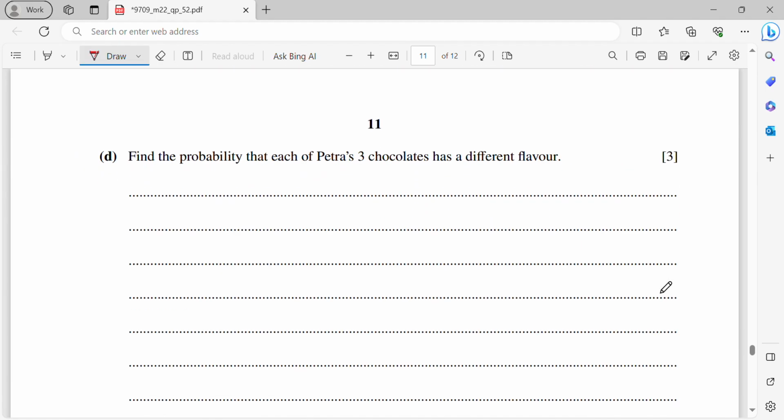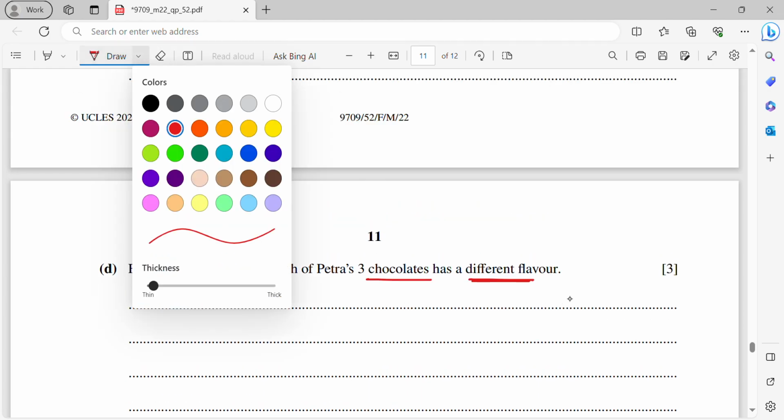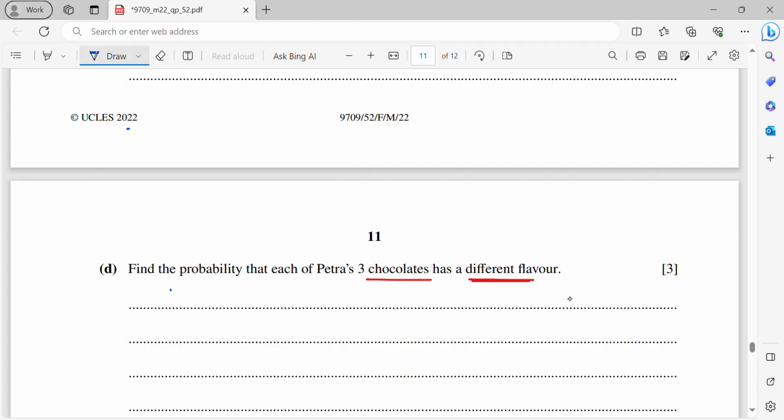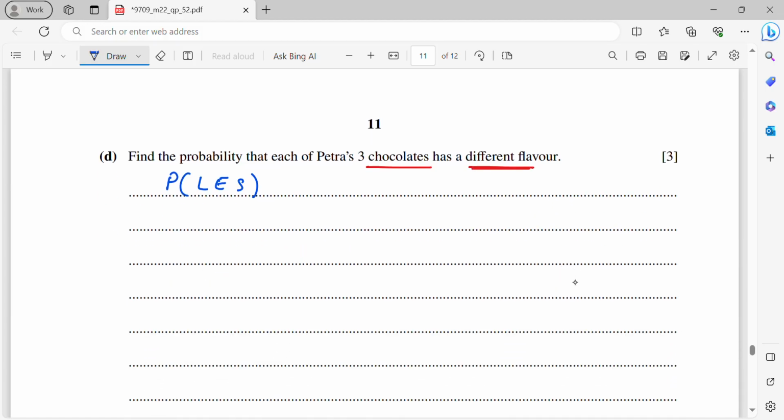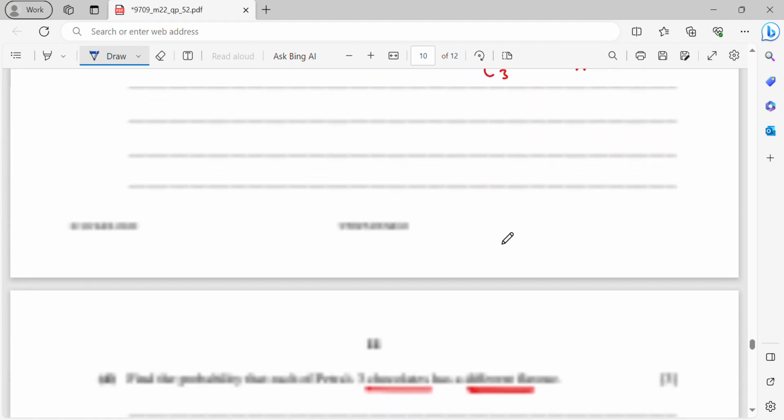Part D. Find the probability that each of Petra's 3 chocolates has different flavor. Okay, so now from here, we need to solve 3 different flavors, means that you might get L, you might get E, you might get S, right, in any order. So from here, I will say that L is 3.